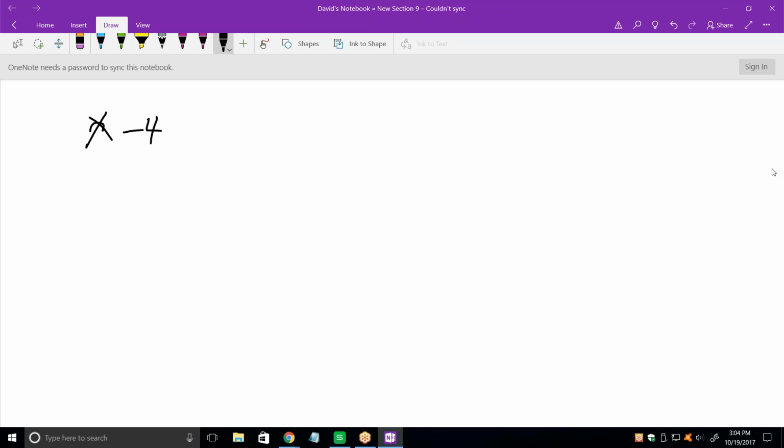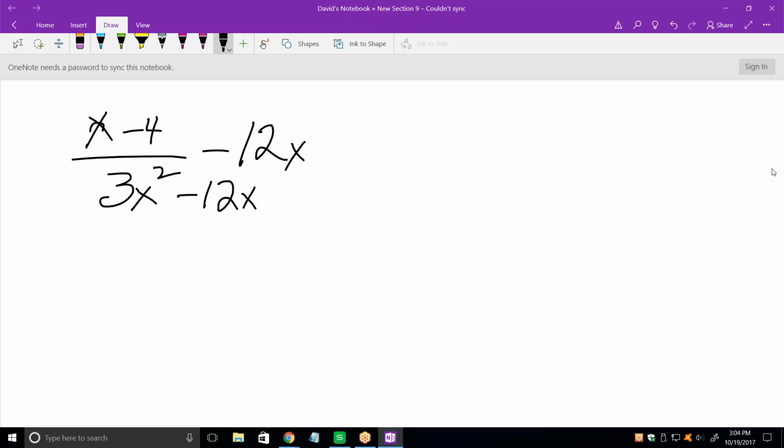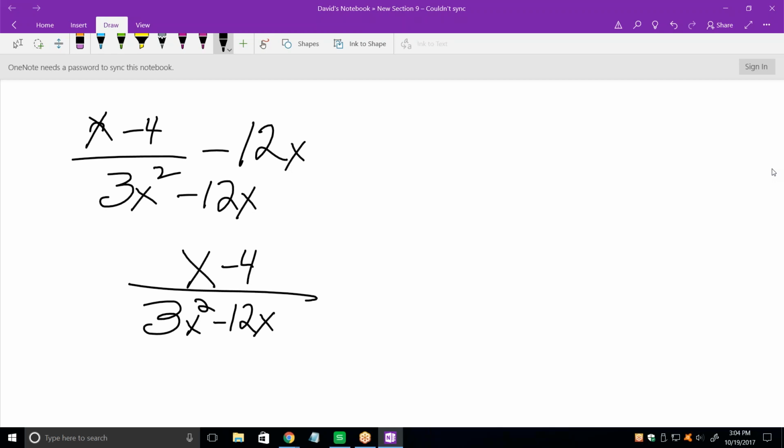Okay, over 3x squared minus 12x. Like that? No, the bottom: 3x squared minus 12x. Okay. Here, let me rewrite this. X minus 4 over 3x squared minus 12x.